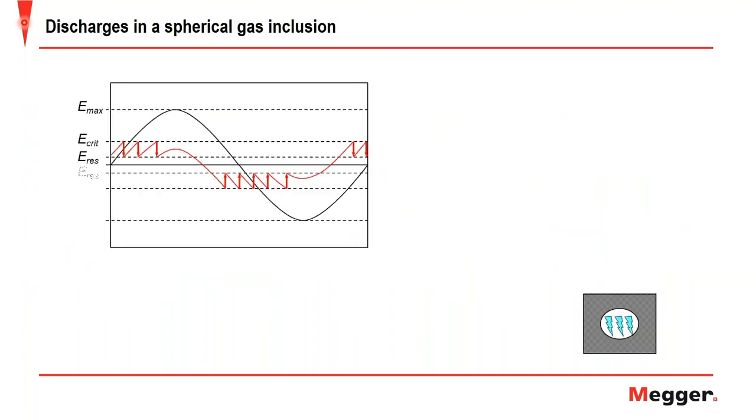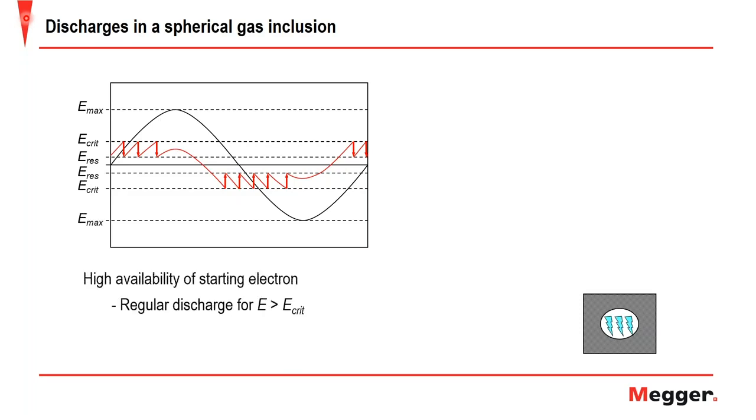And here we have discharges in a spherical gas inclusion. In this particular case, we have a high availability of starting electrons. So there would always be an electron available once the critical field is met. The partial discharge occurs when the critical field is reached.